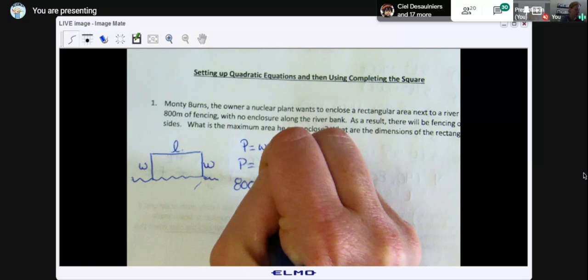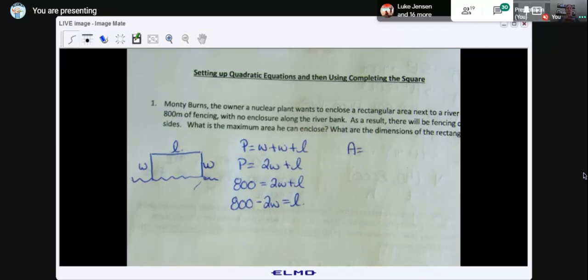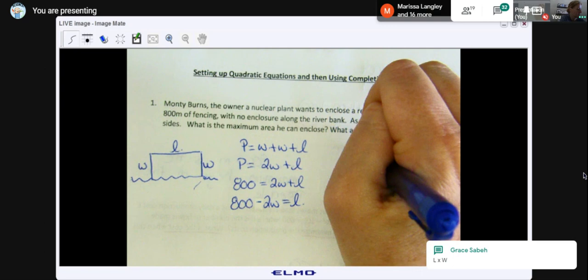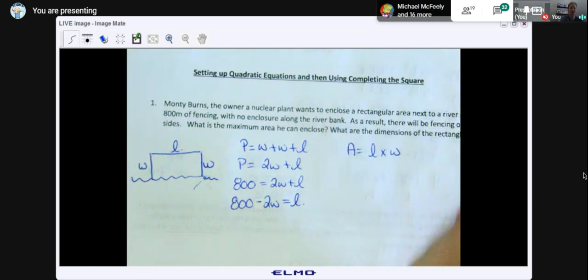So that's perimeter. I'm asking you about area. Who can tell me the formula for area? Length times width. Yes. Well, looky here. I remember substitution, guys. Remember back in that first unit?